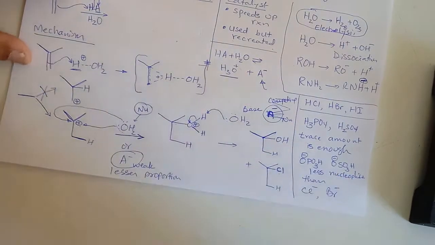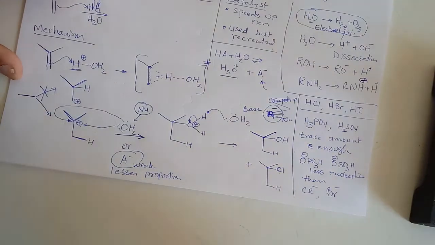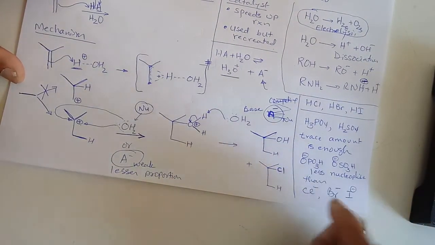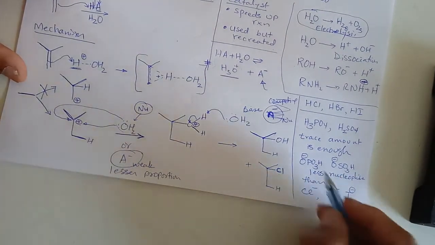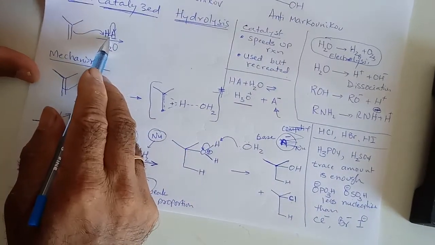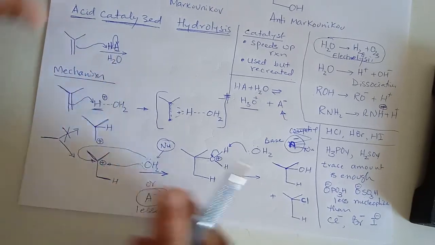Nucleophiles have to be really tiny for their effectiveness. So Cl, Br, I have a possibility of functioning as a competing nucleophile, but these won't. So for this reason, we don't use HCl, HBr, HI for the purpose here. Okay. So this is acid catalyzed hydration.